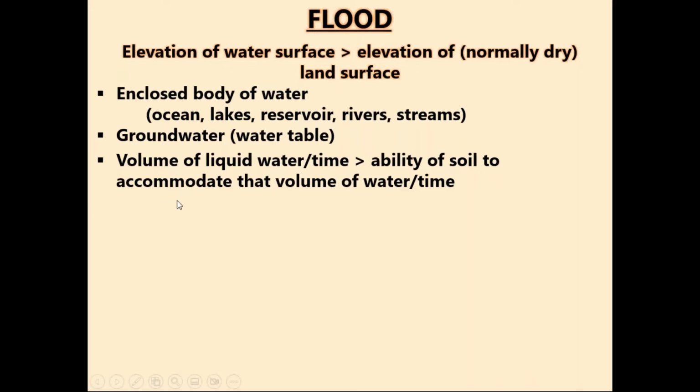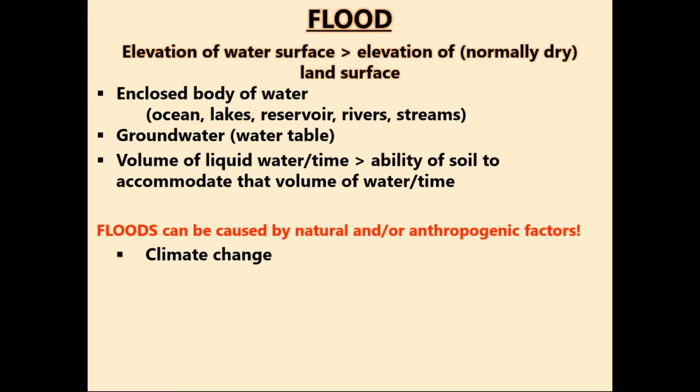And then the third bullet there, if we consider a certain volume of liquid water that over a period of time is then introduced onto the Earth's surface, if that volume of water over that unit of time exceeds the ability of the soil to essentially accommodate that same volume of water over that same period of time, then we could have a flood. So those are three basic ideas that we'll be approaching today.